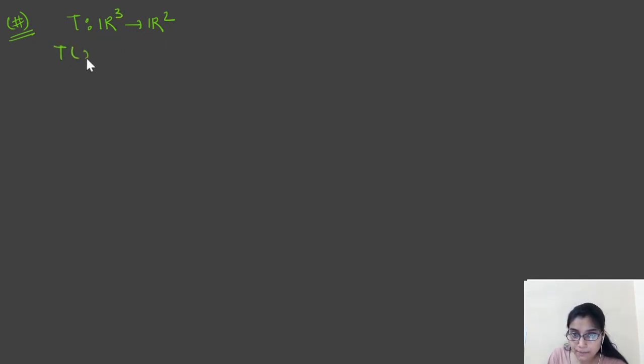So here the mapping that is being defined is like this: T of (x, y, z) is (x plus y minus z, x plus y plus z). Now think about the previous lecture.